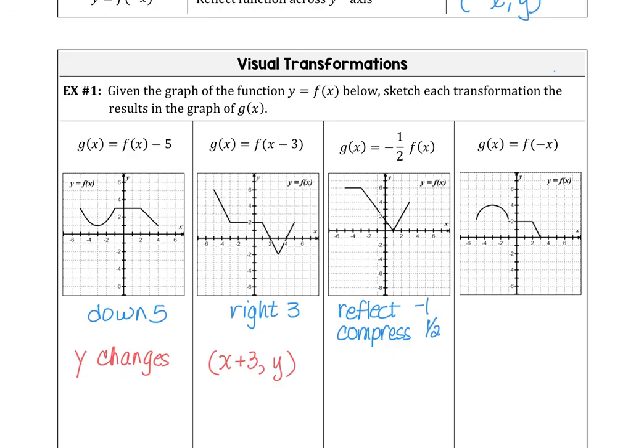So we want to change the y. In the fourth example, the negative on the x means that we reflect about the y-axis, so our x's are going to change.